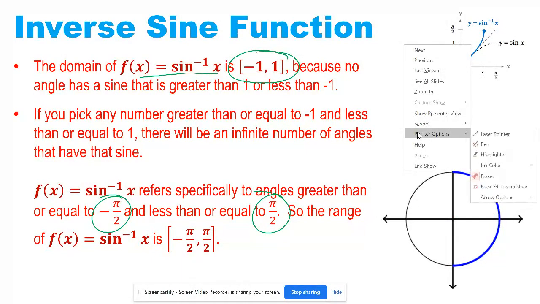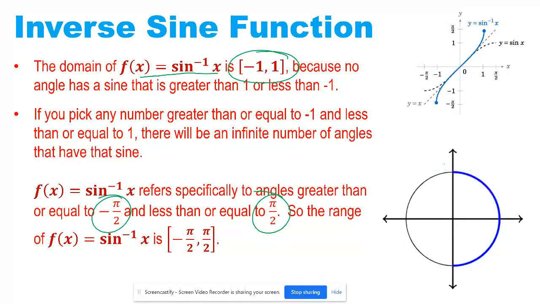So when you take inverse sine to find what angle gives you that sine, your answer will come from this part of the unit circle. And it's only going to come from that initial rotation. You're not going to go around multiple times.